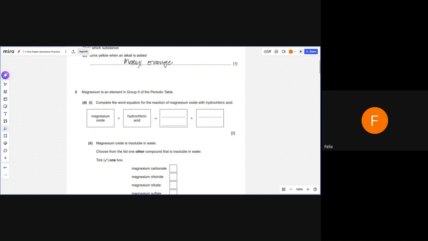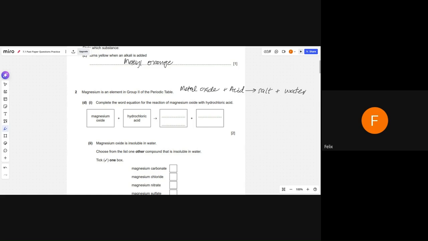Magnesium is an element in group 2 of the periodic table. Complete the word equation for the reaction of magnesium oxide with hydrochloric acid. In your syllabus, you need to learn that any metal oxide, when it reacts with any type of acid, gives salt and water.